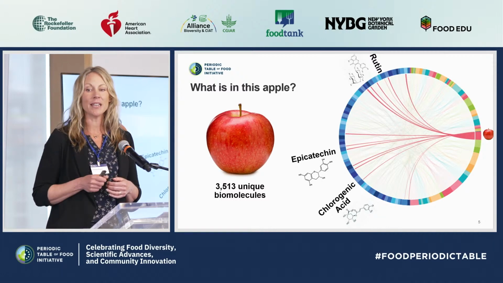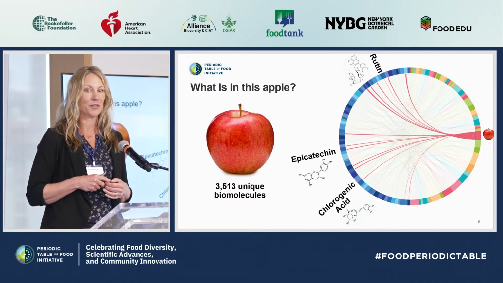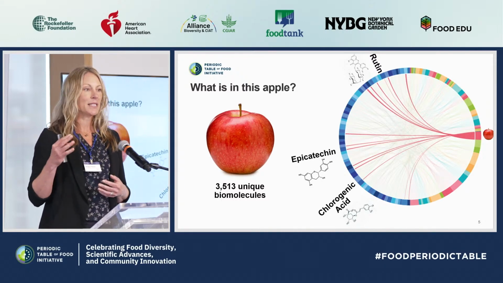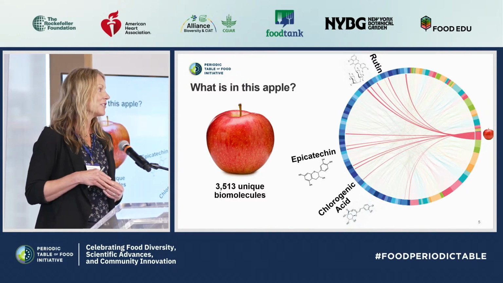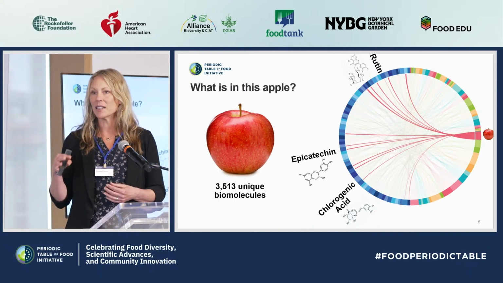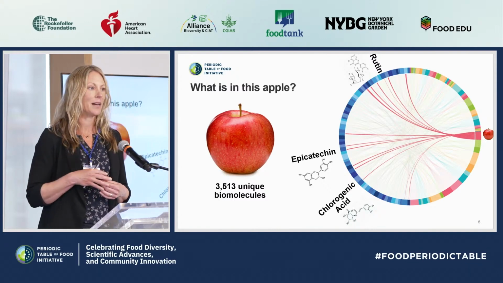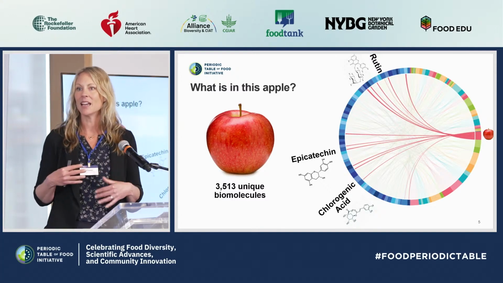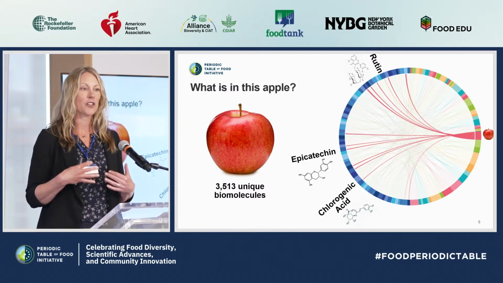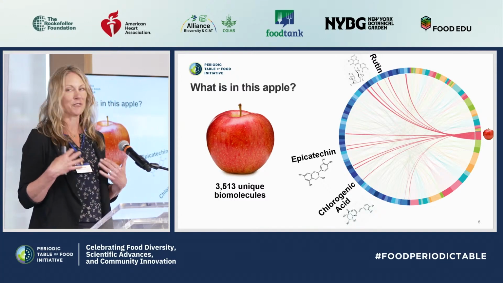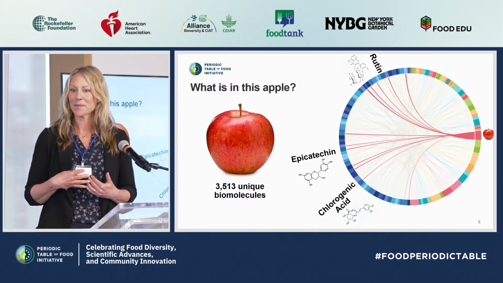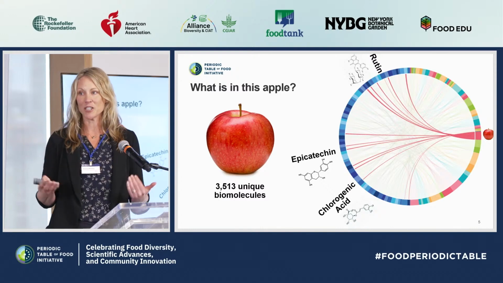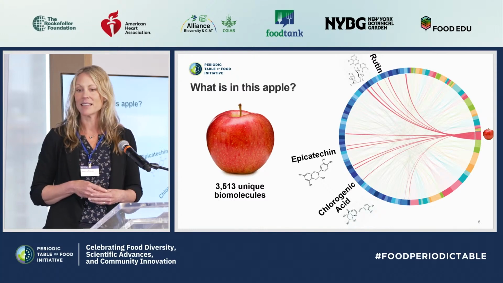What I'm showing you here is just a subset of these molecules, and this is a different way of looking at the data. We're really focusing here on polyphenols. Polyphenols belong to a class of molecules called secondary metabolites, and we've heard about these already. These are the compounds that plants make in response to stress. But there's also a lot of evidence that those compounds are good for us when we eat those foods, right? These are not essential nutrients, so they wouldn't be captured in our traditional food composition analysis.